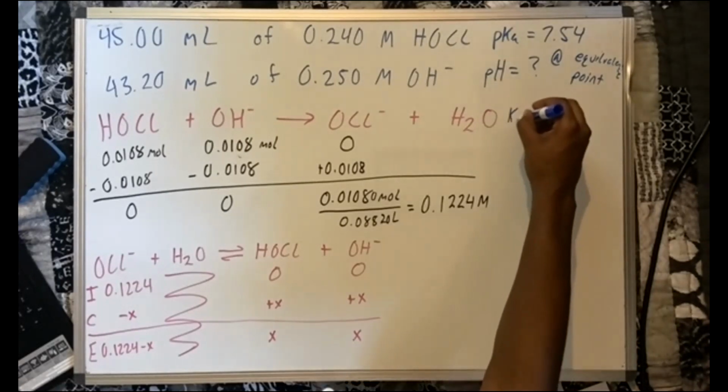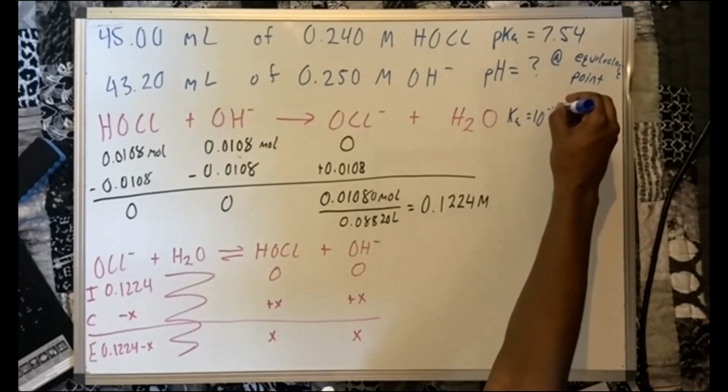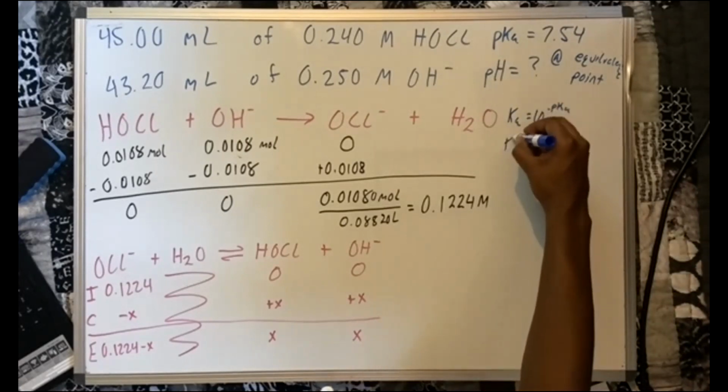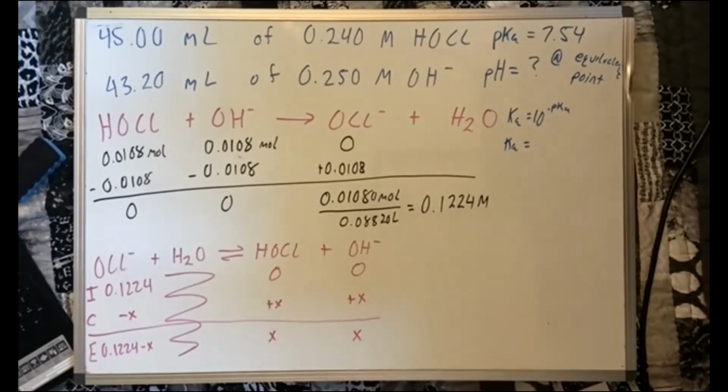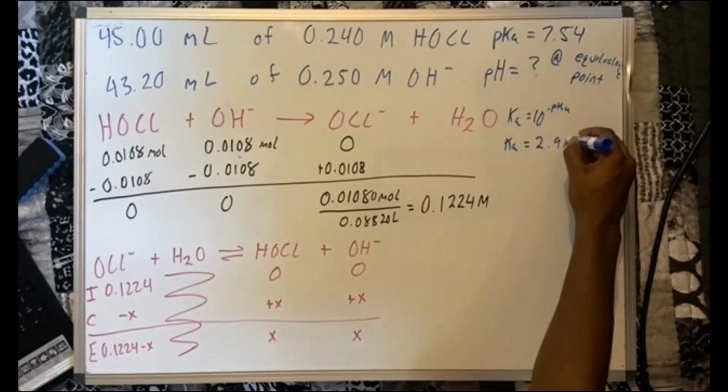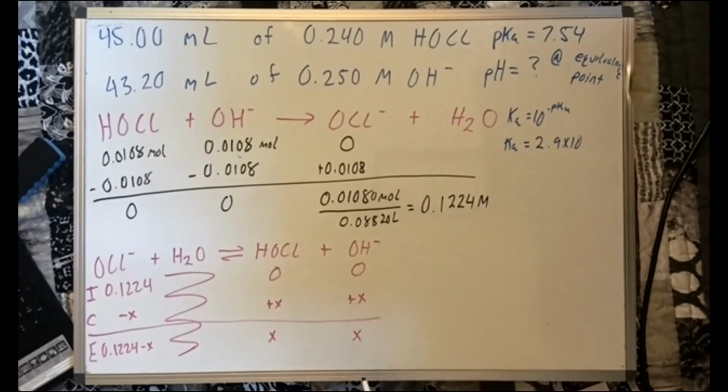KA equals 10 to the negative pKa, so 10 to the negative 7.54, and that's 2.9 times 10 to the negative 8.